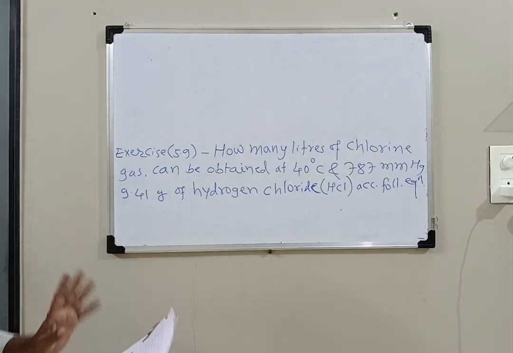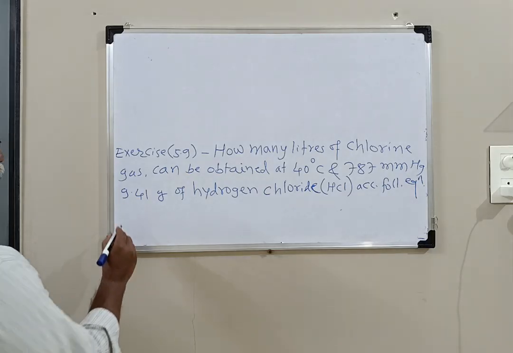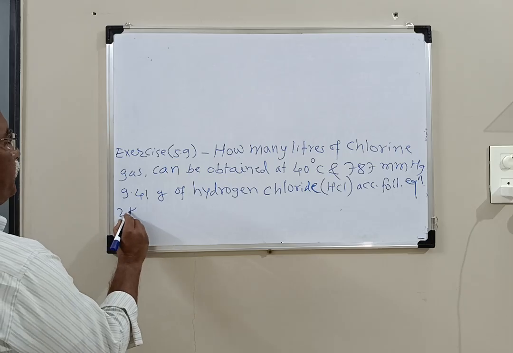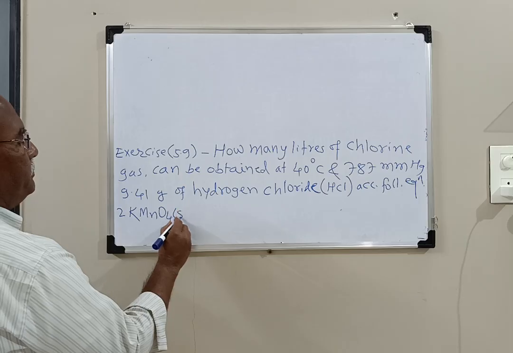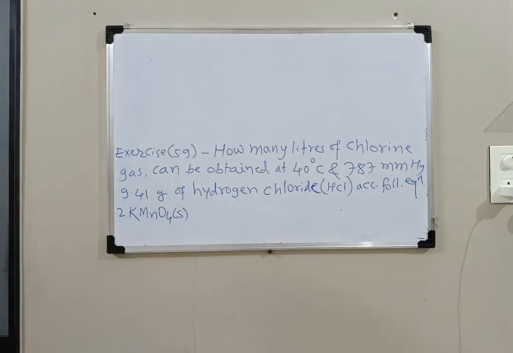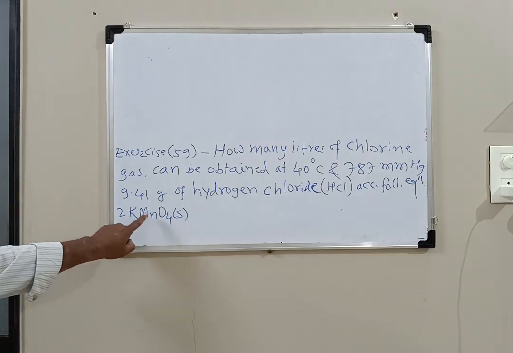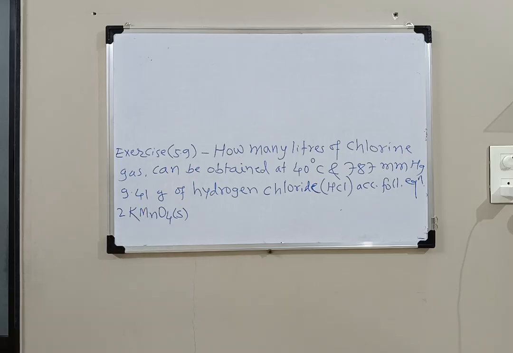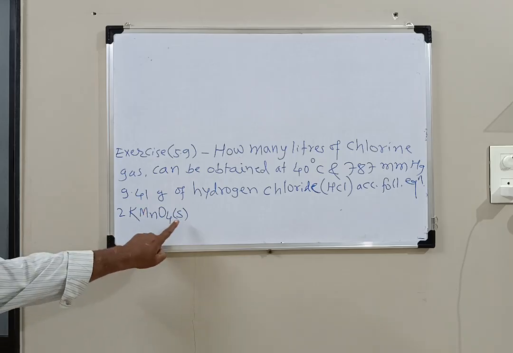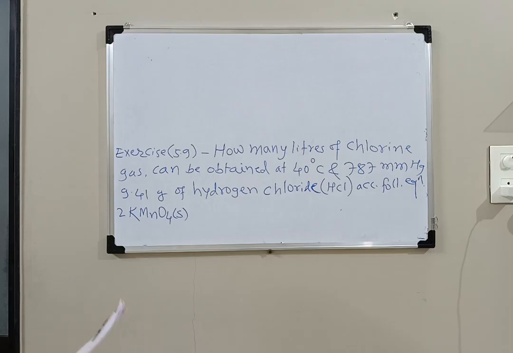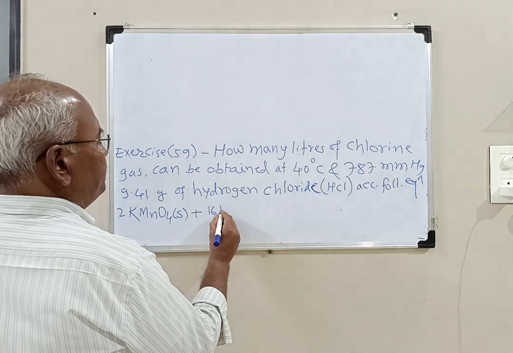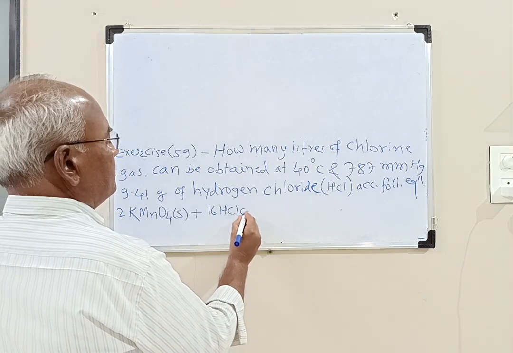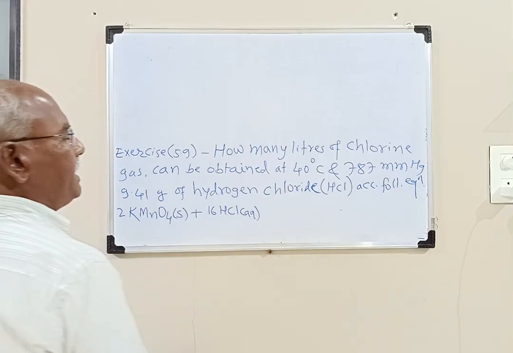The equation is given: 2 KMnO4, potassium permanganate, which is in solid state, plus 16 moles of HCl, which is in aqueous state.